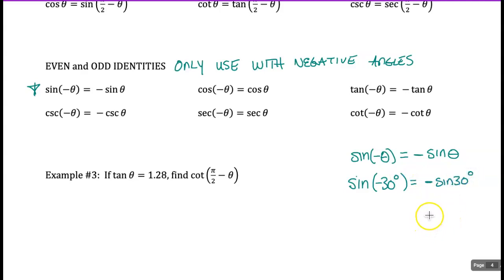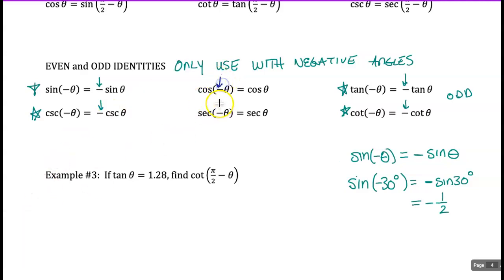Well, I know the sine of 30 is 1/2, so the sine of negative 30 would be negative 1/2. So sine and cosecant and tangent and cotangent are what we call odd. And if you look, odd produces the opposite result. So for all of the odd functions, the trig of the negative angle is equal to the opposite of the trig of the positive angle.